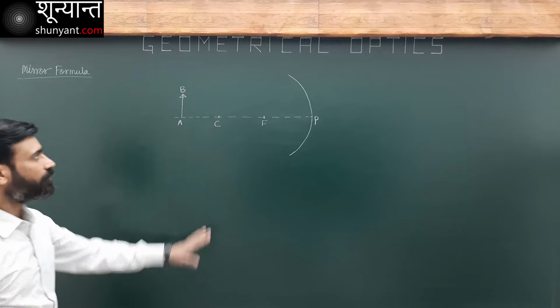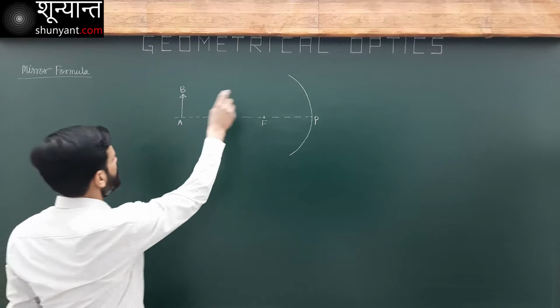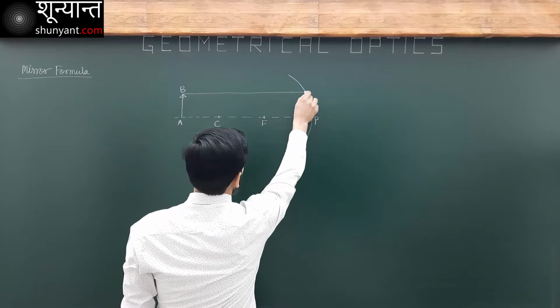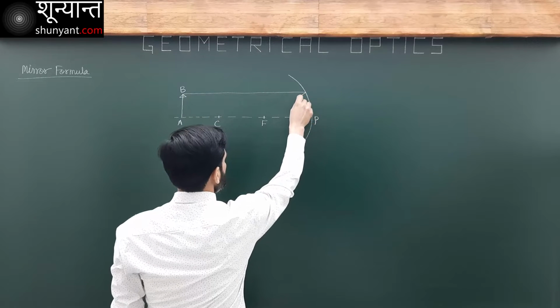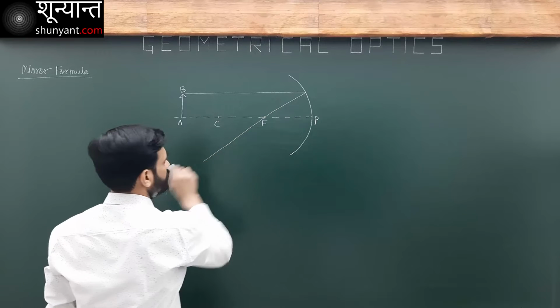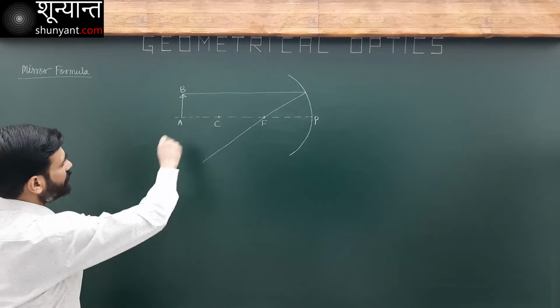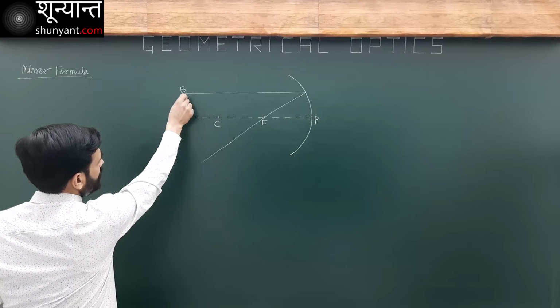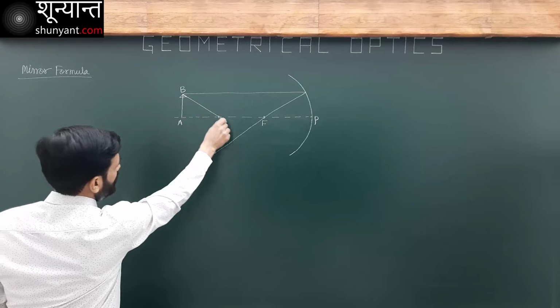Now where will be its image? We can find it using the ray diagram. Let's take one light ray here. After reflection, it passes through the focus. Now if I take one other light ray passing through the center, what will happen to this light?